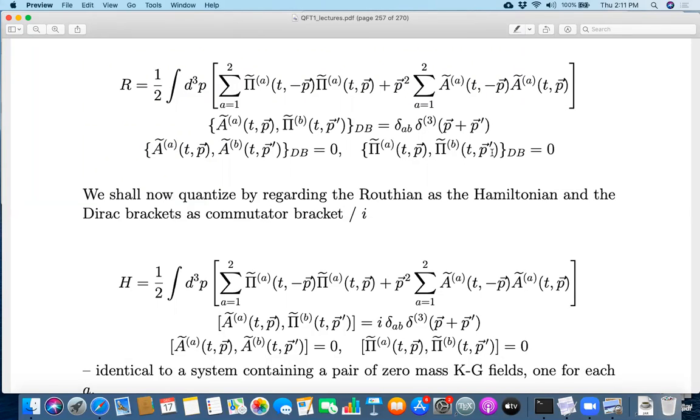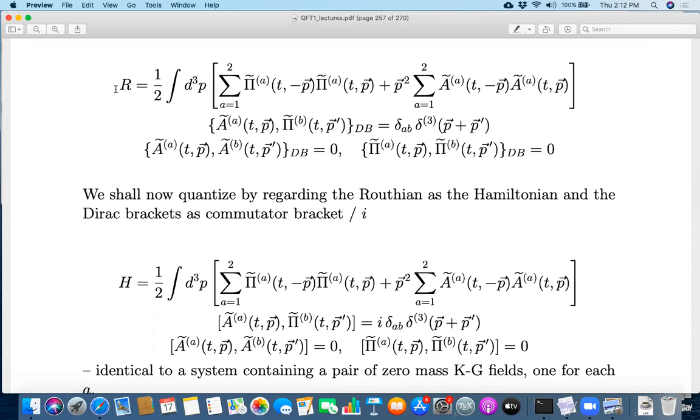Let me emphasize again that so far all we have said is that this system, you can call it Routhian or you can now call it Hamiltonian, because there is a little difference between Hamiltonian and Routhian, has classical equations of motion identical to the classical equations of motion of Maxwell's theory in the Coulomb gauge. So we have gotten an equivalent classical system to the original Maxwell's theory, and now we are going to quantize this.